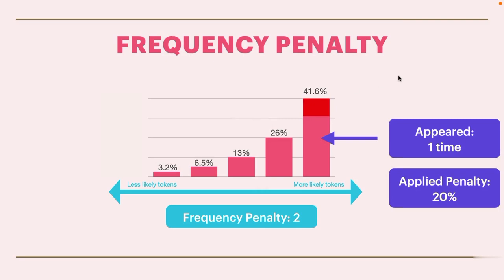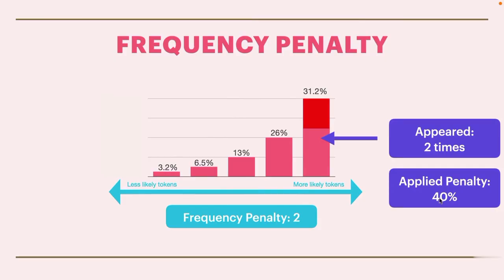41.6%. Now, if that specific token has appeared so far twice in the prompt response, then later on in the response, its probability of being sampled is going to be reduced even more. And here the applied penalty is 40%, which is twice the previous penalty of 20%.